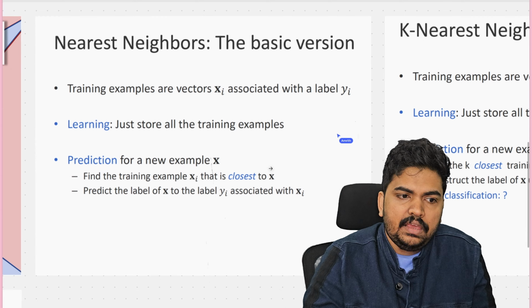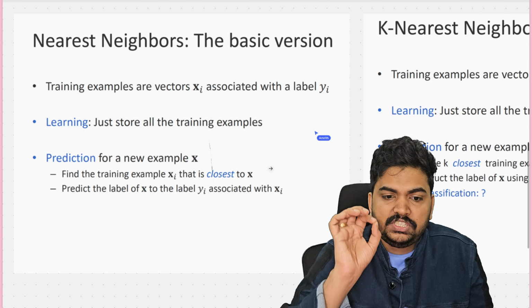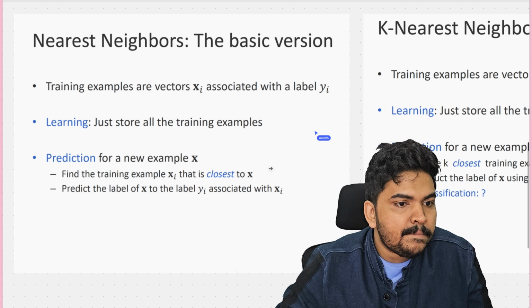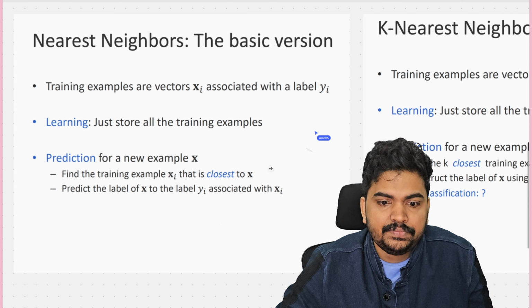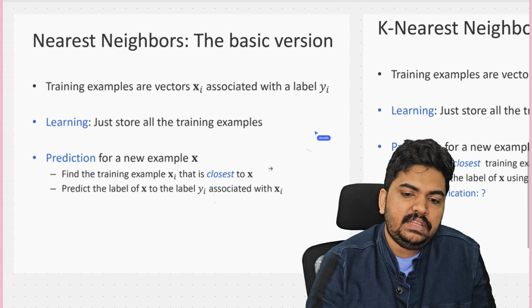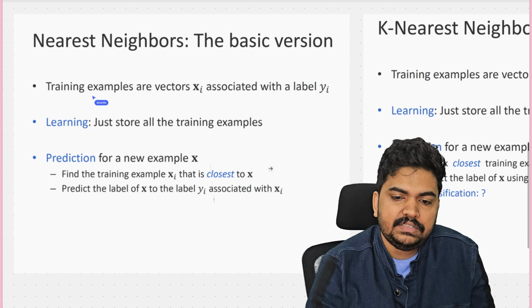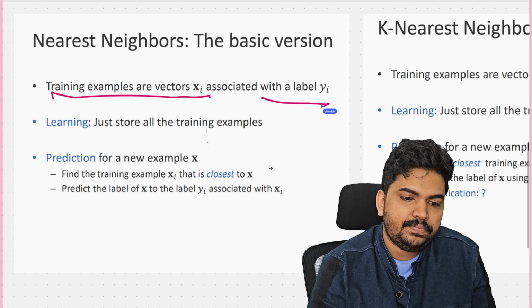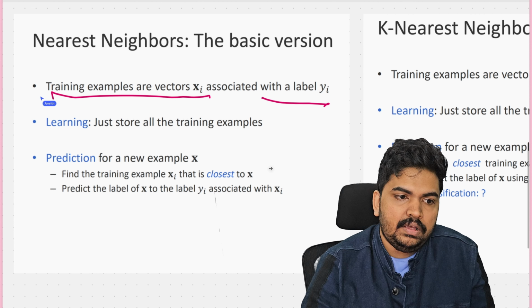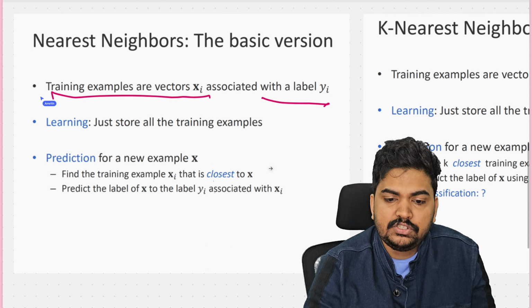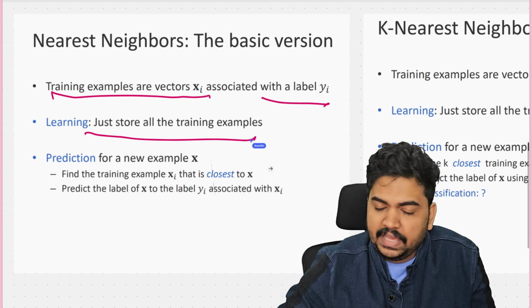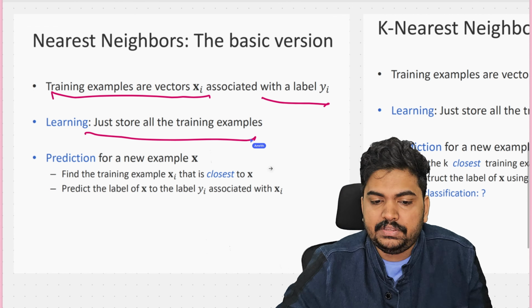Now if we look at the most basic version of nearest neighbors, we can see the following. The training examples are vectors xi along with the label yi. We simply need to store all the training examples. That suffices for the learning. We just store everything.